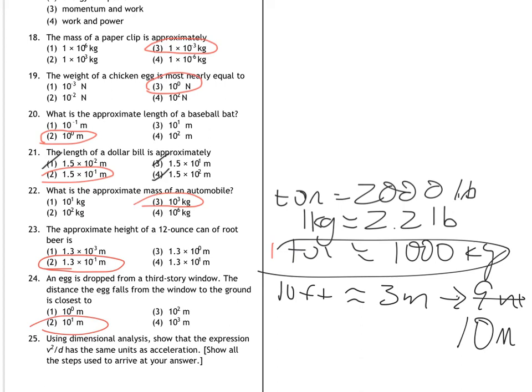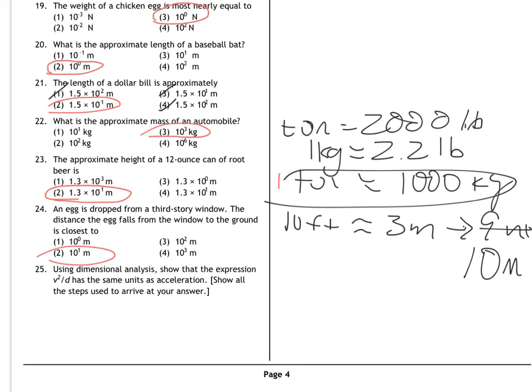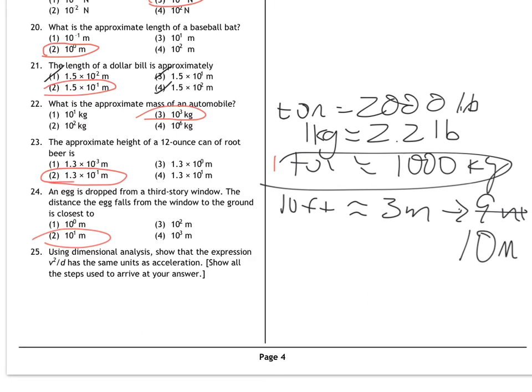All right, 25. This is our last question. Using dimensional analysis, show that the expression v squared over d has the same unit as acceleration. Show all the steps used to arrive at your answer. Okay, just for clarity, we're starting with v squared over d, and I'm trying to end with the unit for acceleration, which is meters per second squared.